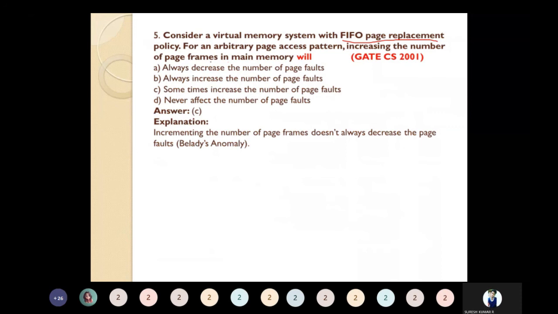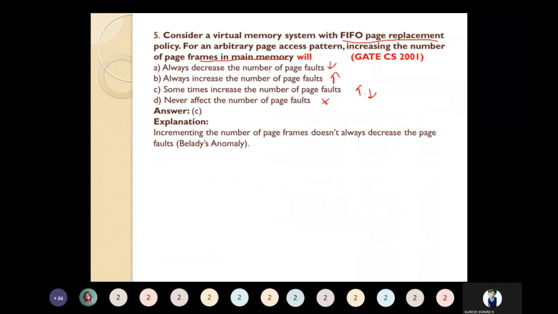Previous question, if you read, both questions are similar, but the way they are asked is different. Page frames have increased. What about the page fault? Only this is the question. Read out all the options: always decreases the number of page faults, always increases, sometimes increases and sometimes decreases, never affects.